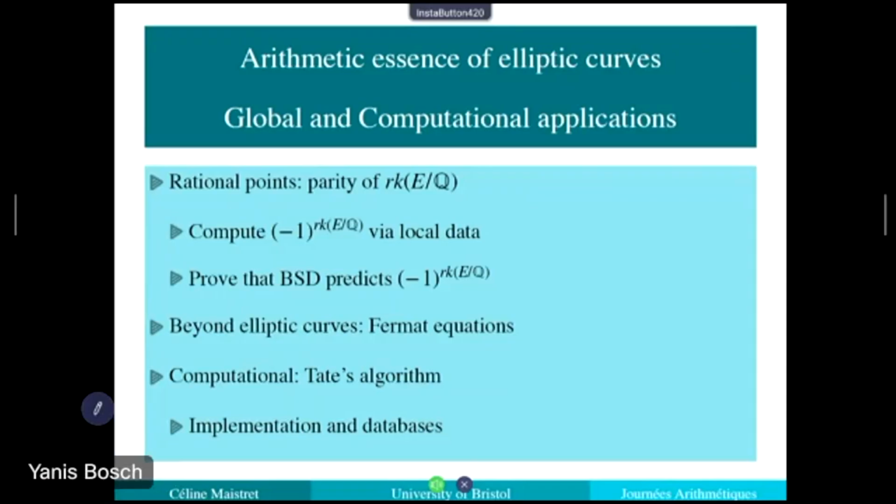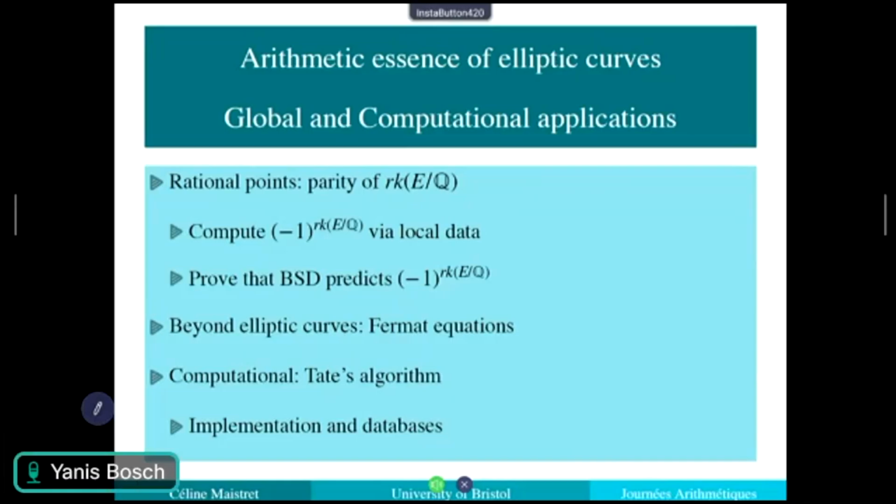And one thing that I should say is that it's possible, under some hypothesis, to compute the parity of the rank via local data. So in particular, if you know the classification I showed you just before, you can compute the parity of the rank. That's very handy, simply because sometimes, if you want to understand the rank of an elliptic curve, you can use many algorithms, and you may end up with bounds.